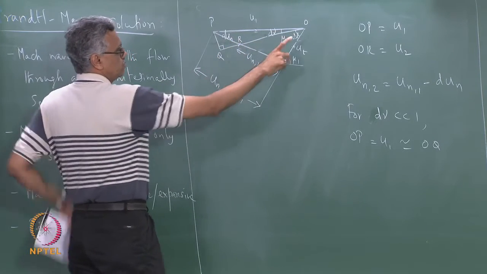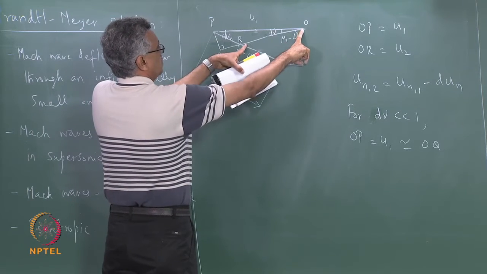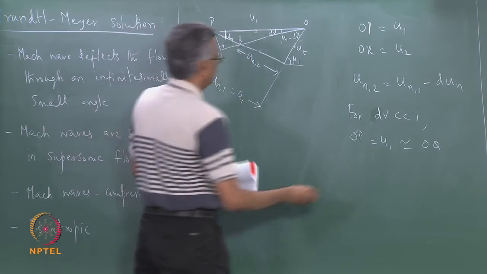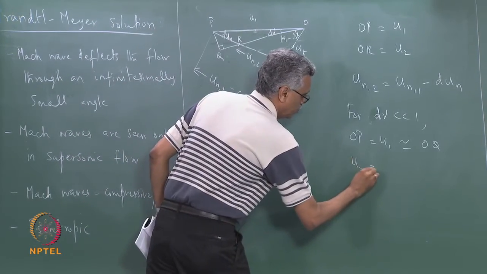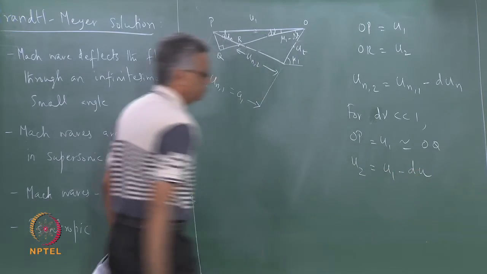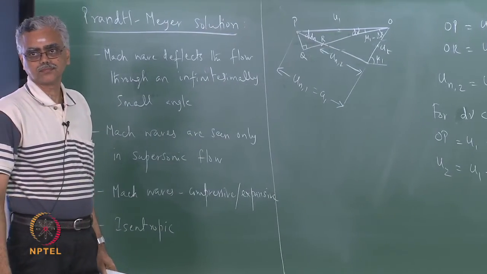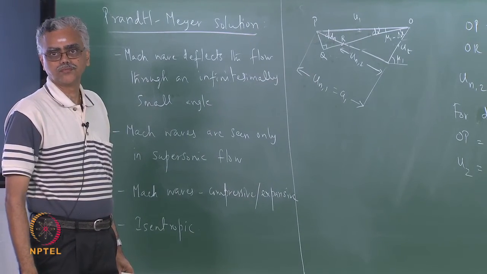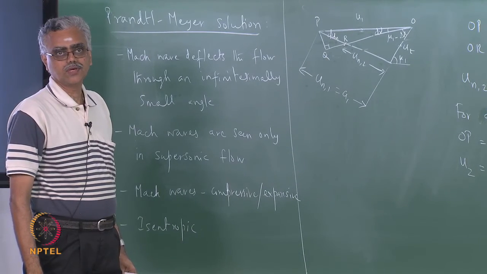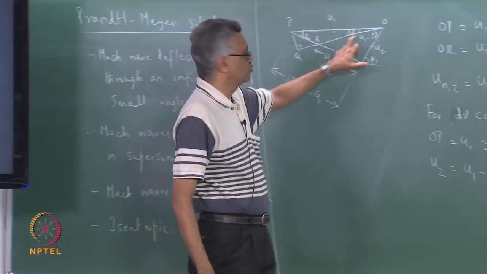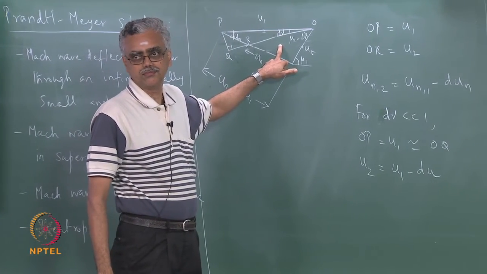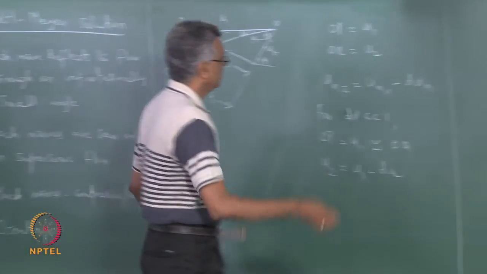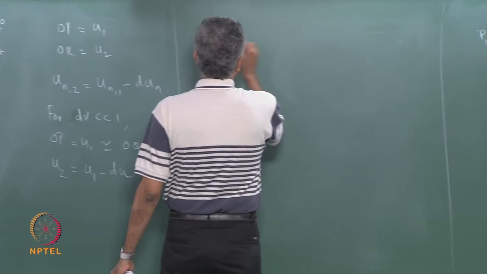OQ is equal to U1. So this whole thing is U1, this is U2, so this is going to be the change in velocity, DU. So I can write U2 is equal to U1 minus DU for this solution. Okay, so now we are making use of the fact that this is small, unlike the oblique shock solution. I am going to do the same thing for the expansive solution also, combine the two triangles. Let us do that.